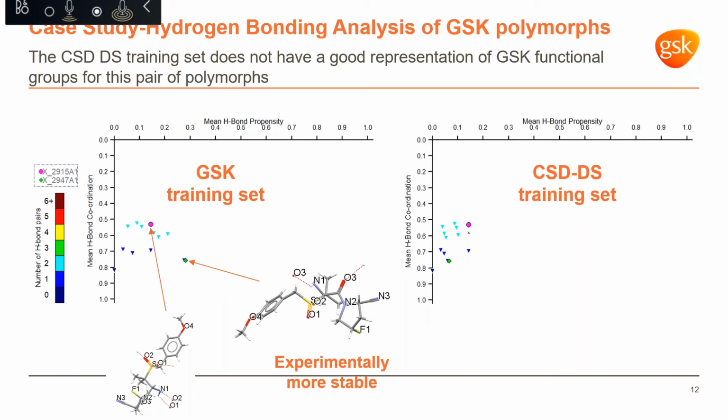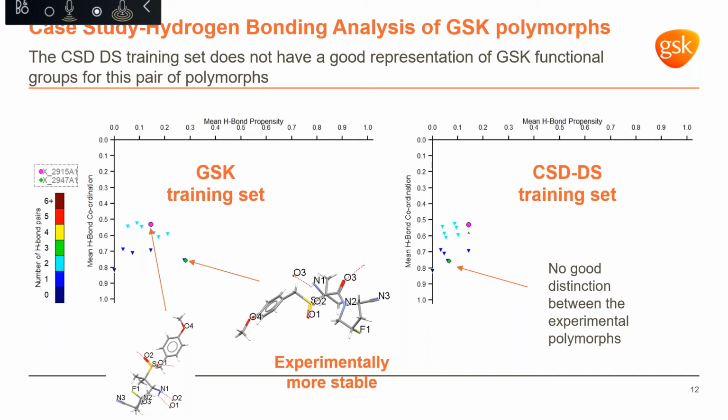We had a good distinction, but that's not the case when we use CSD drug subset alone as a training set, because in this case of polymorphs, it didn't have a good representation of GSK functional groups. So this highlights the benefits of combining public and GSK training sets when building knowledge-based models of hydrogen bond propensity.